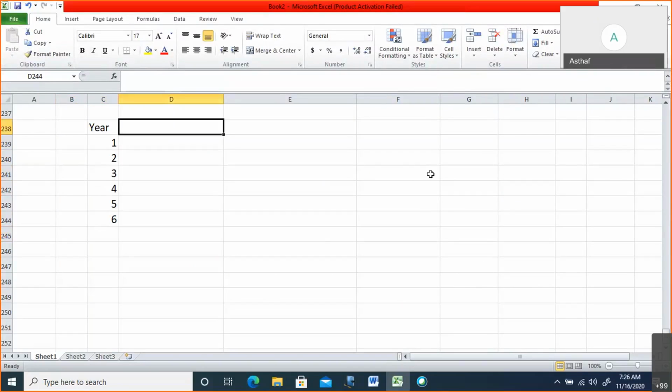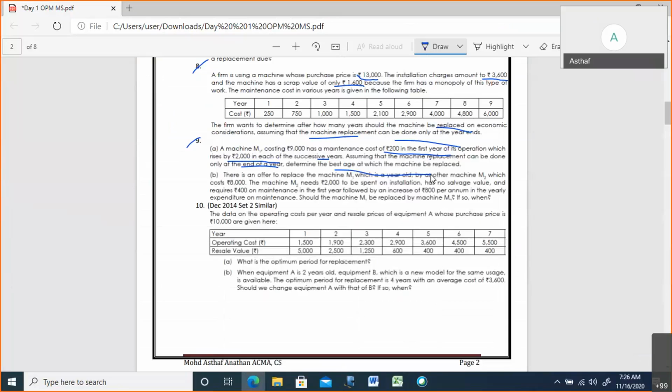Now how to find out the running cost? Listen very well, very interesting. The first year is 200. Thereafter, it increases by 2,000 in each of the successive years.